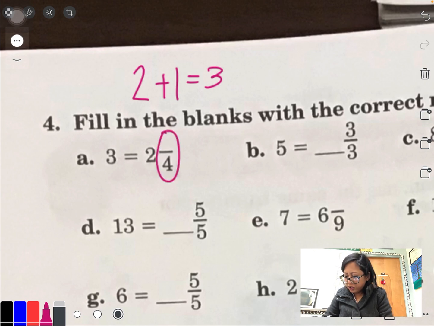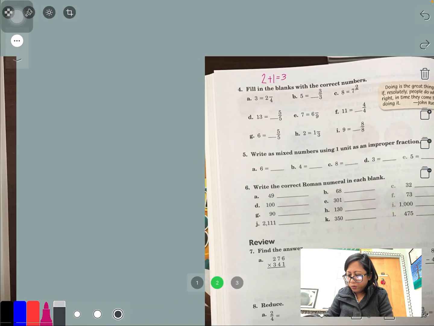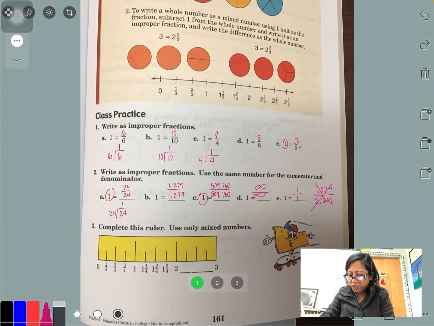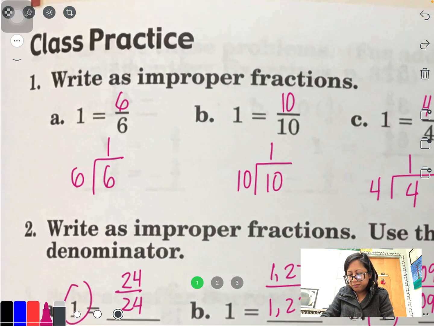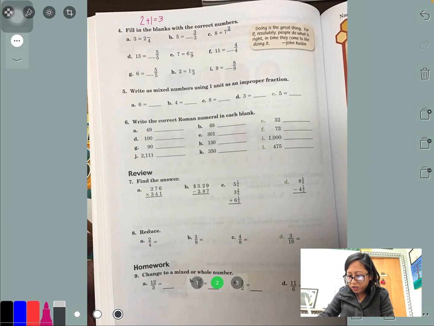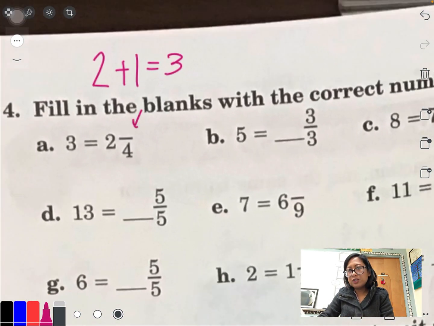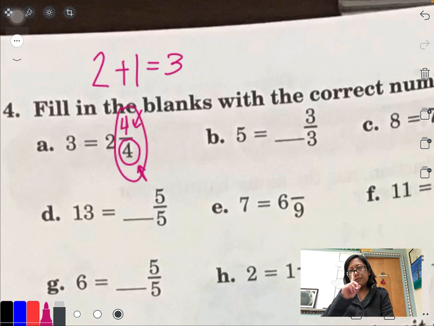And earlier, I just told you, when you have the numerator and the denominator as the same, it already equals 1. So up here, the numerator and the denominator need to be the same for it to equal 1. So that means if the denominator is 4, my numerator is 4. This whole thing equals 1.